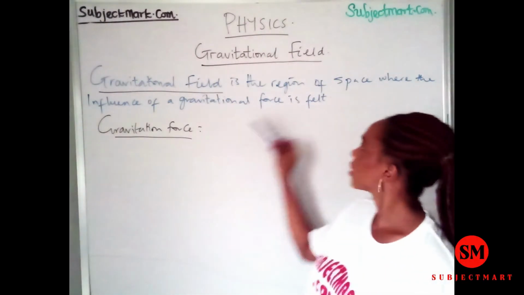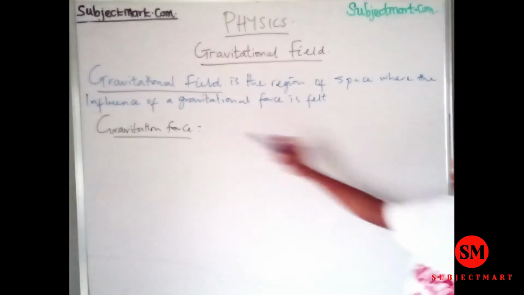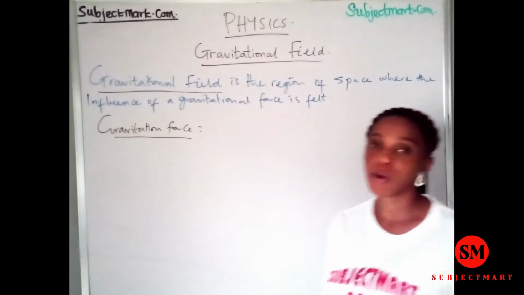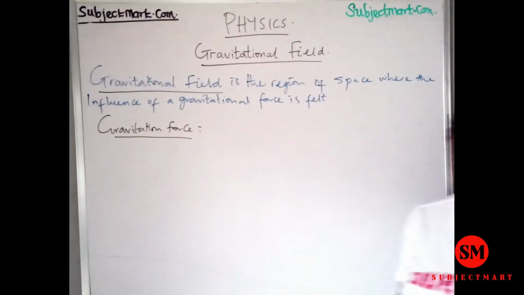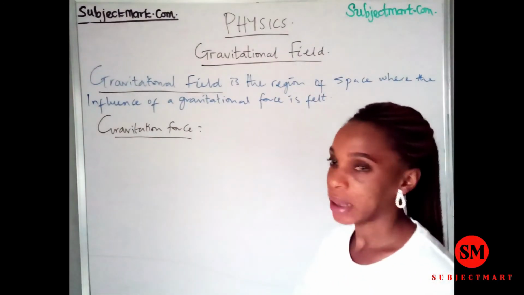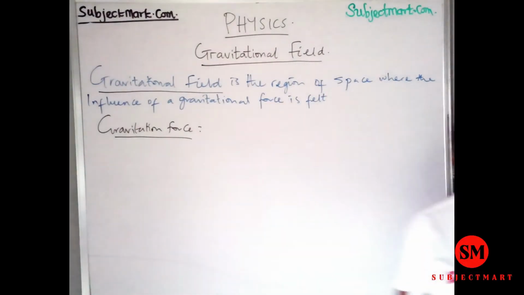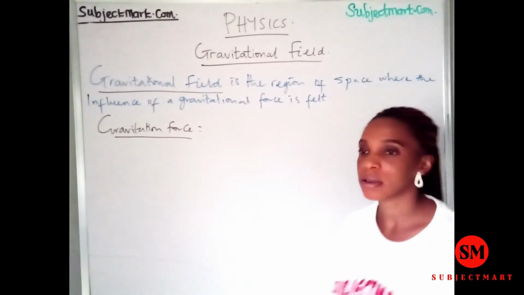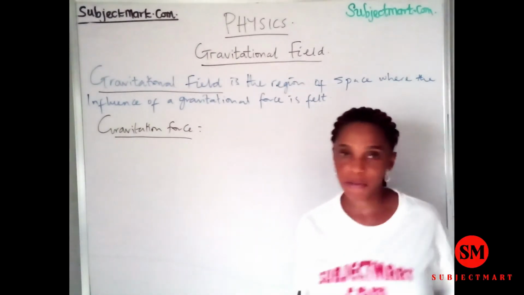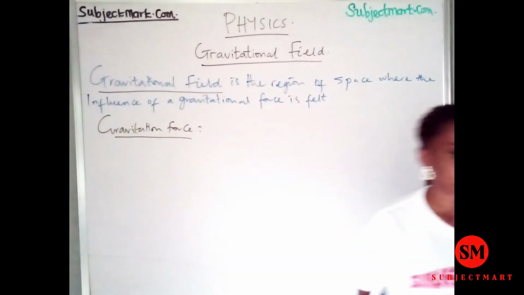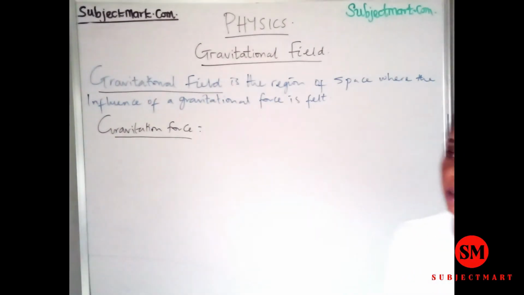Gravitational field is the region of space where the influence of the gravitational force is felt. What do I mean by that? The region of space where the influence of a gravitational force is felt. I'm just going to cite an example, just like our magnetic field.